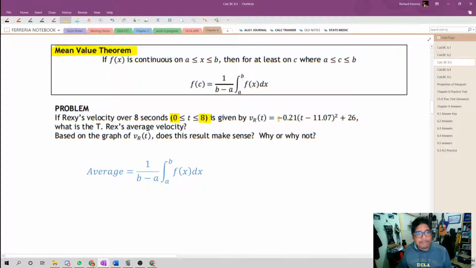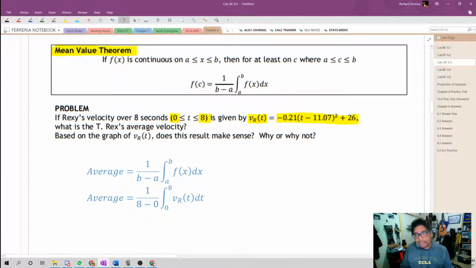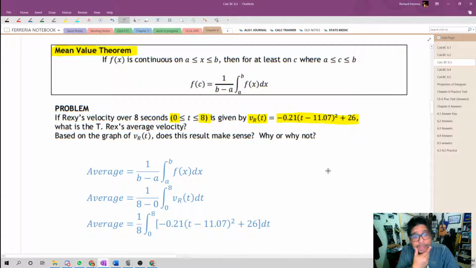And we know my function is VR of t, which is this lovely looking function over here. So we can substitute all of that into the average formula, which gives us this integral. And then we substitute in the function for VR, and that creates a pretty intimidating looking function.